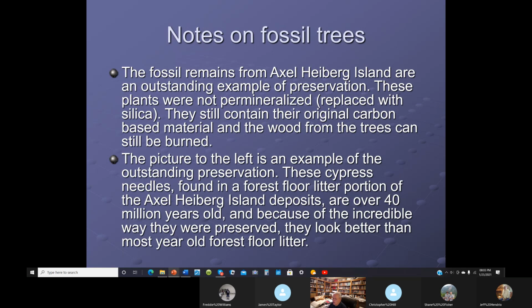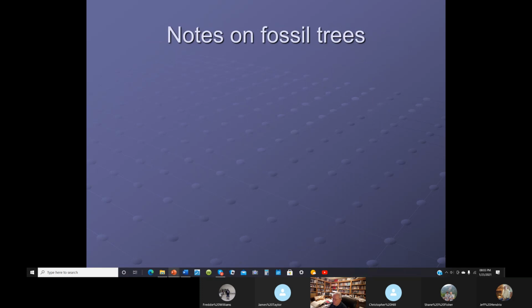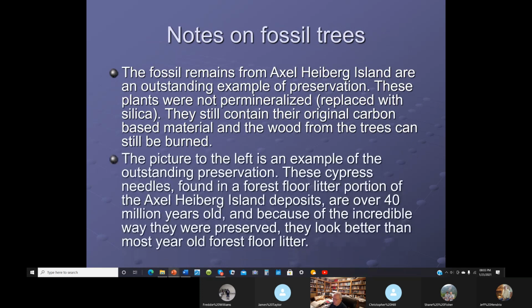The picture to the left is an example of the outstanding preservation. These cypress needles, now let's go back here. That's your cypress needles that we have here. And I'm just getting a quote of this. This is a quote right out of this article that I'm citing: these cypress needles found in the forest floor litter portion of the Axel Heiberg Island deposits are over 40 million years old.